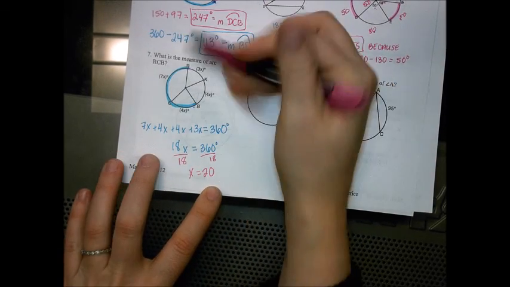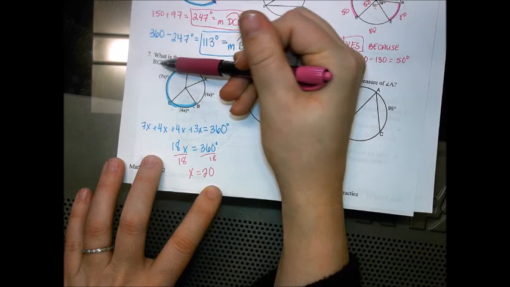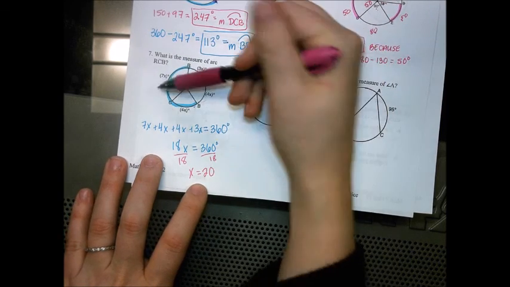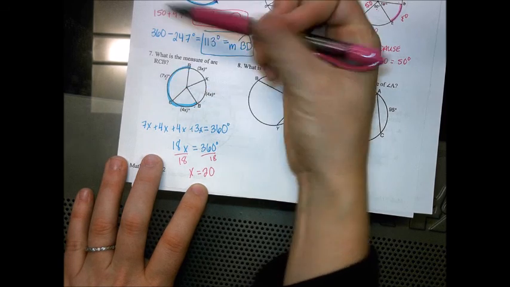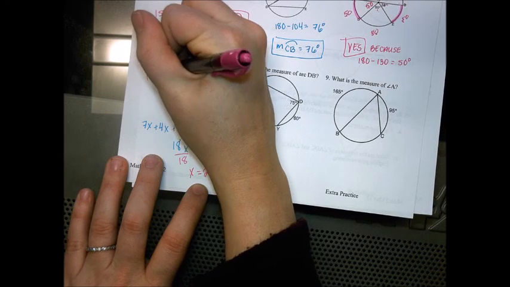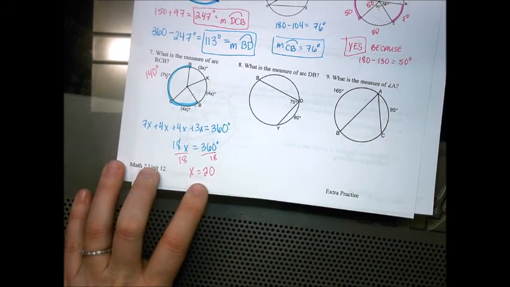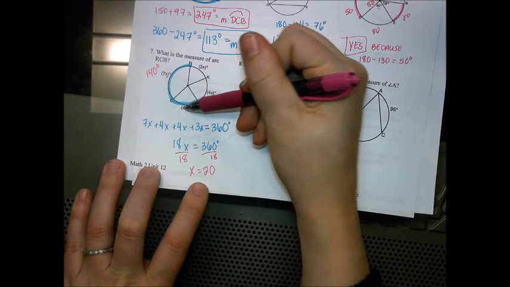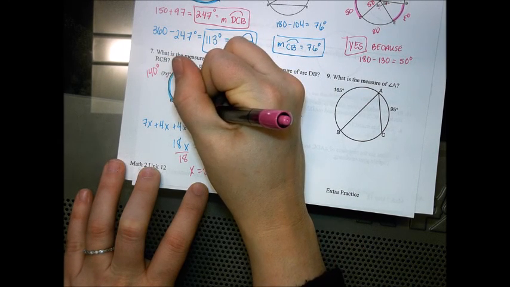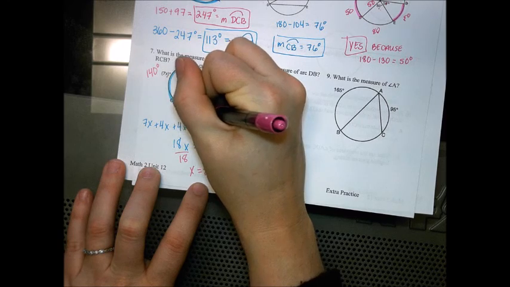But it says what is the measure of arc RCB. So I want to know this entire part. If x is 20, I do 20 times 7 to get this first arc, and 20 times 7 is 140. This arc over here would be 4 times 20. 4 times 20 is 80.